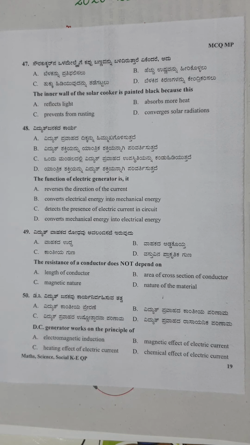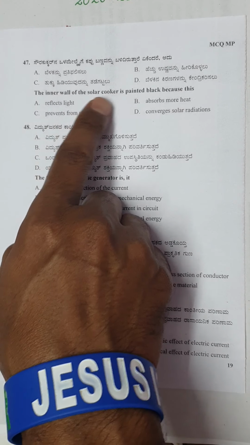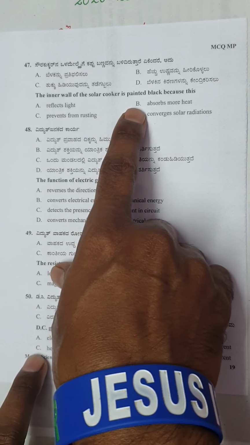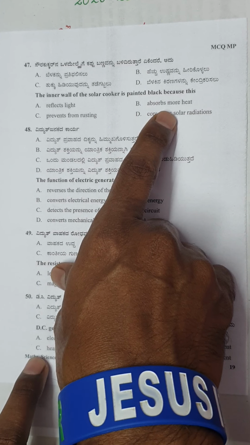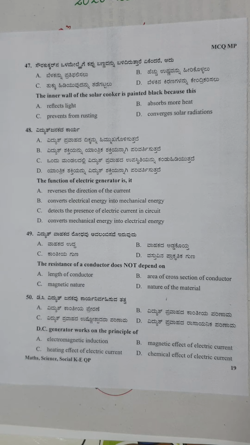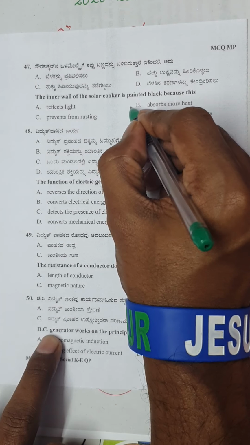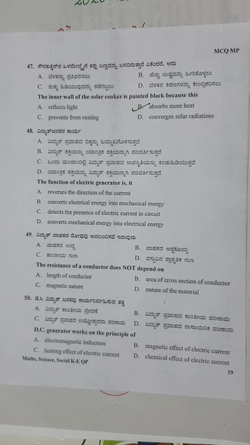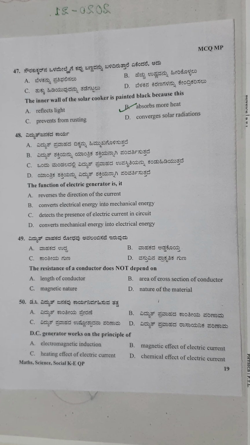You might have heard of something called black body radiation. So the main reason for the inner wall of the solar cooker to be painted black is that it absorbs more heat. So for this question the right option is option B. Hope you have no doubt in this. Let's take the OMR and shade it.